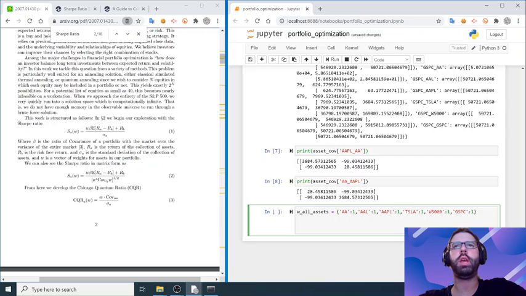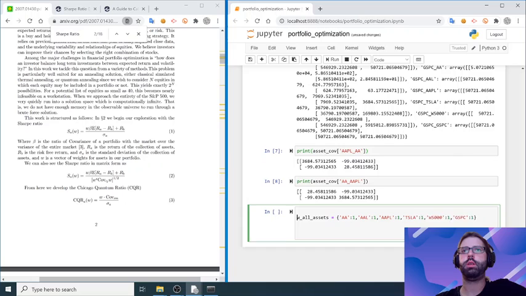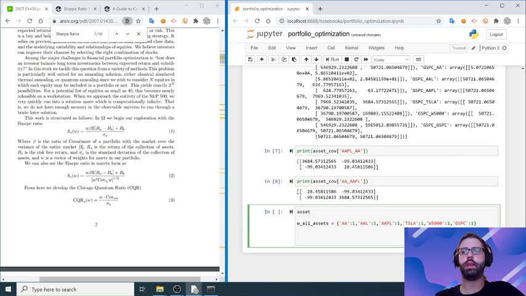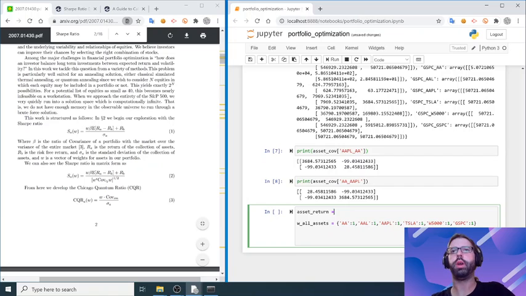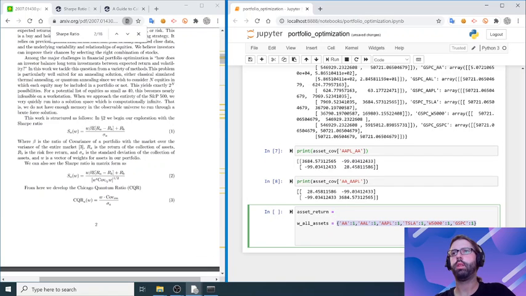Do I just take the last price of each asset and subtract the first one, and take that as my return? It's a really naive asset return. I'll just do it this way.